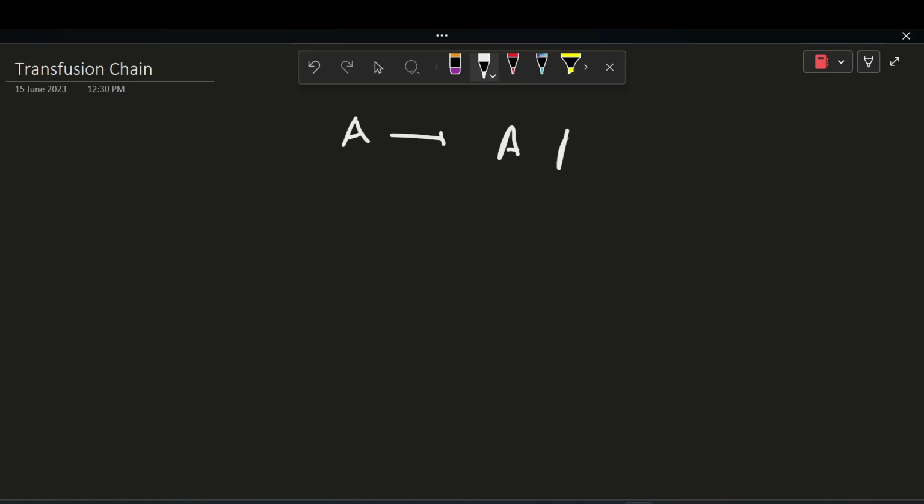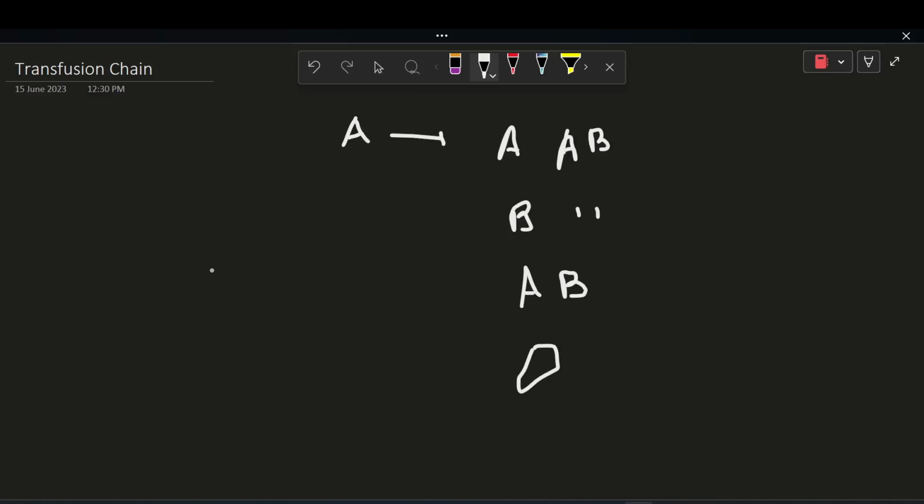If you have blood type B, then this becomes B and AB. But if you have blood type AB, you can only donate to AB. And if you have blood type O, you can donate to anybody else.